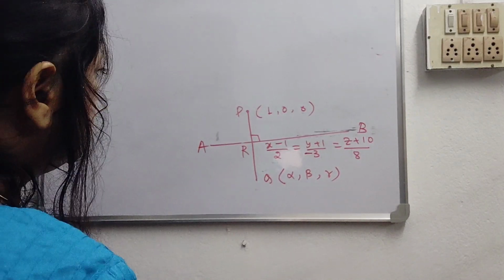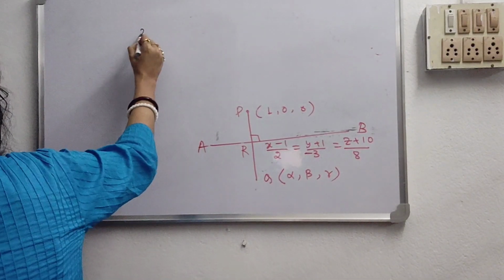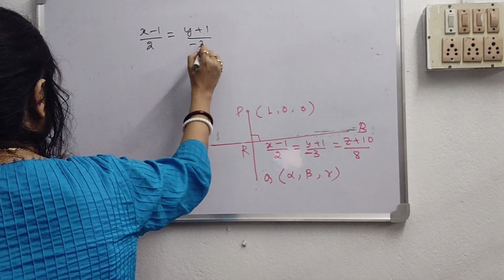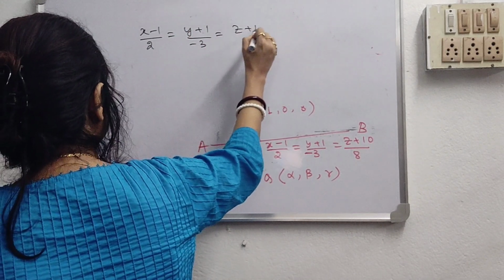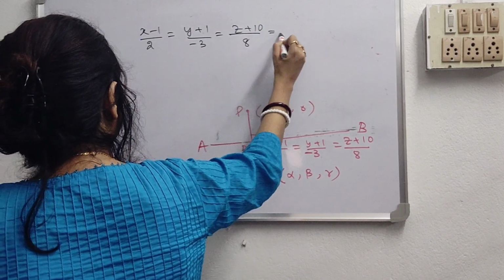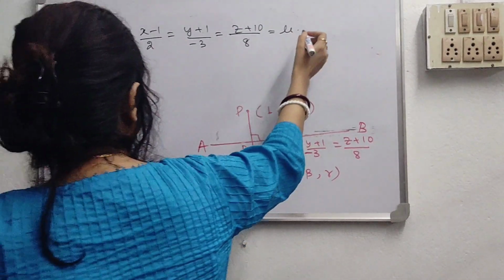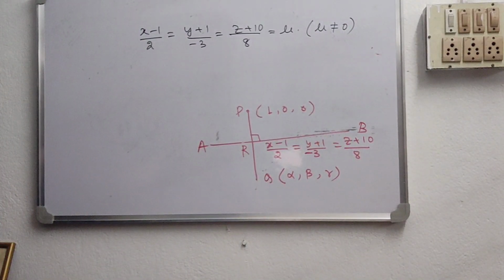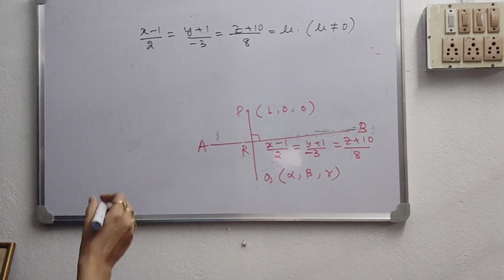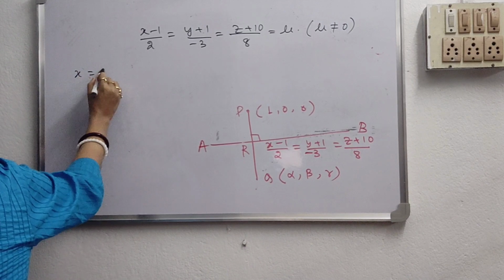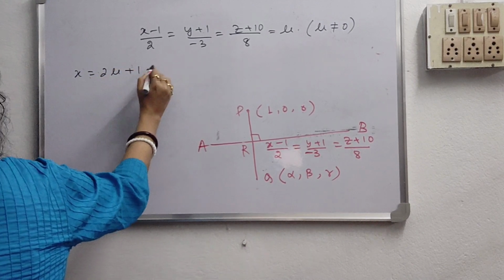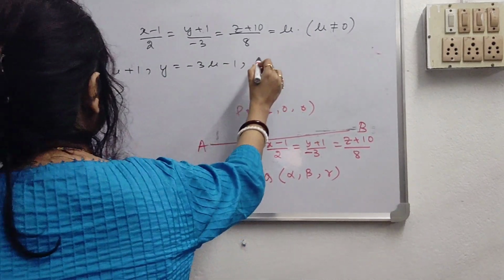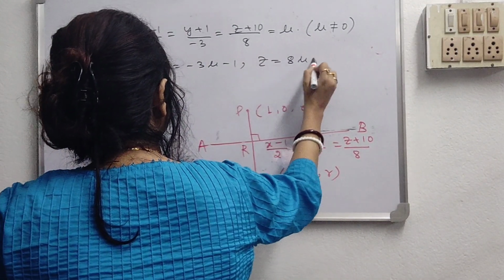So let's take a constant: (x minus 1) by 2 equal to (y plus 1) by minus 3 equal to (z plus 10) by 8 equal to mu. Mu is a constant, mu not equal to 0. So x equal to 2 mu plus 1, y equal to minus 3 mu minus 1, z equal to 8 mu minus 10.